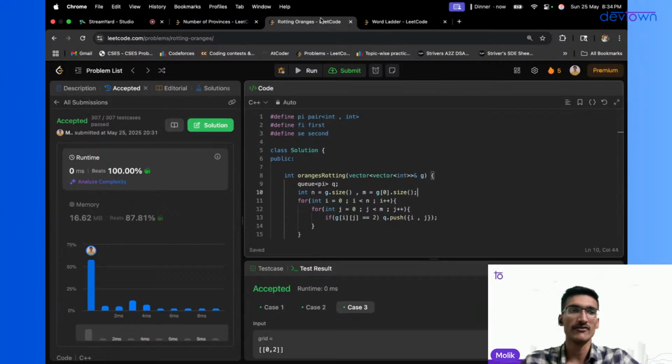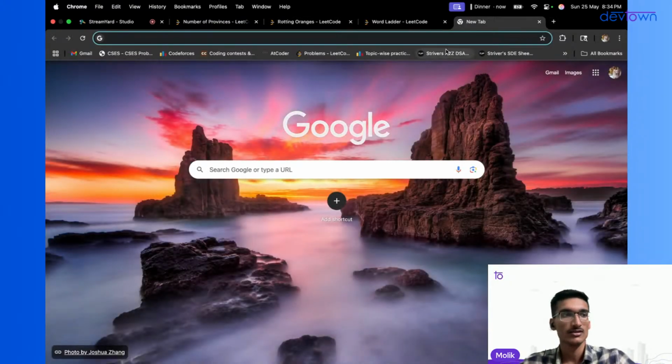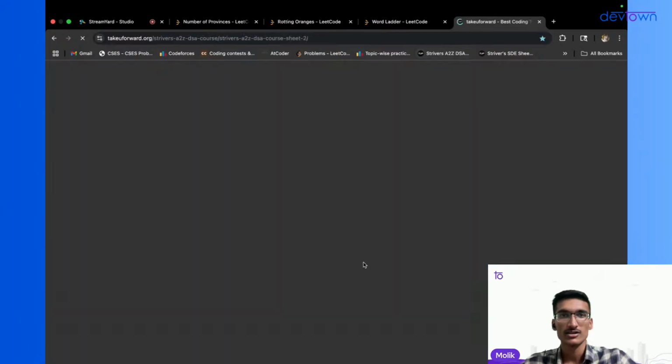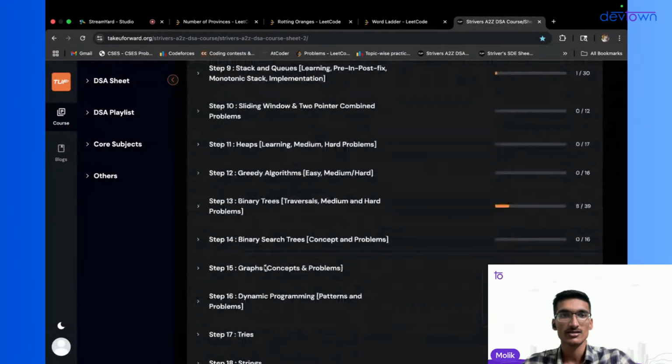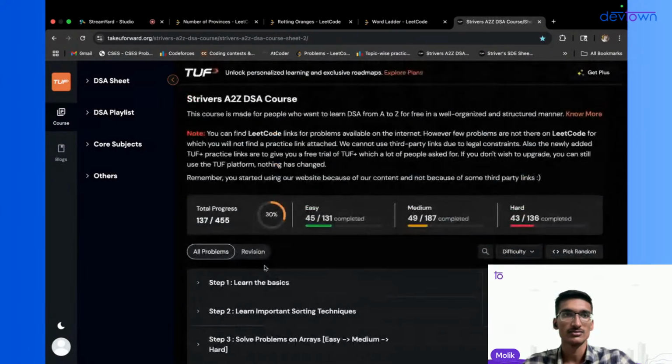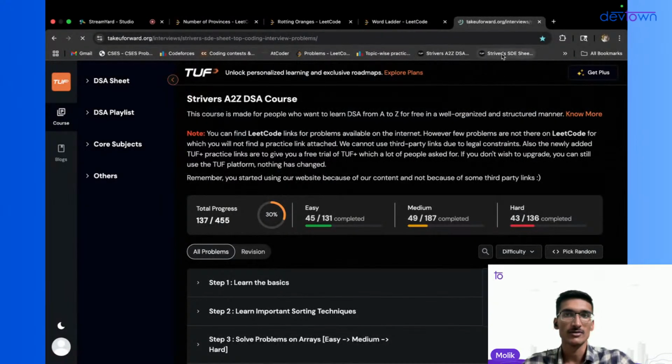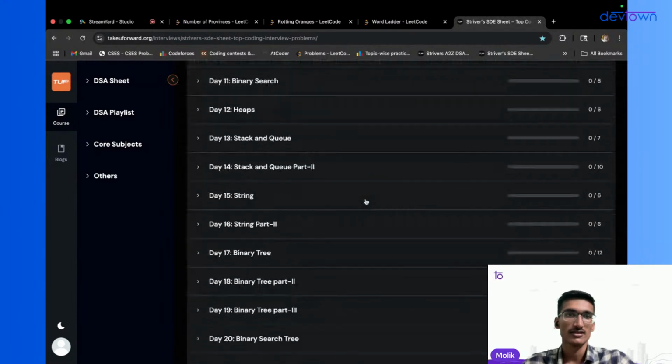Try to practice BFS and multi-source BFS. Someone was asking about resources they can practice on. Thank you, Debajyoti. You can go on this sheet, Striver sheet. You can practice this really nice sheet. Then you can practice this SD sheet.